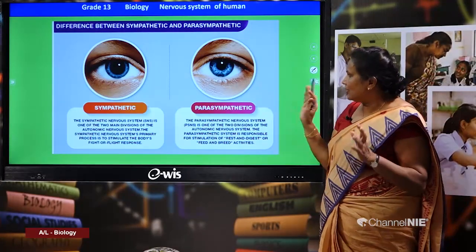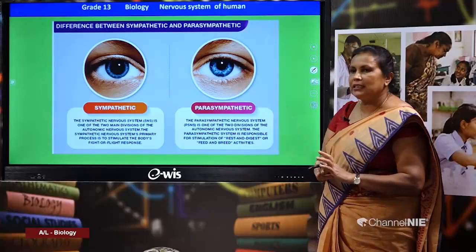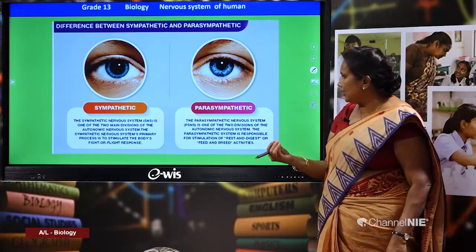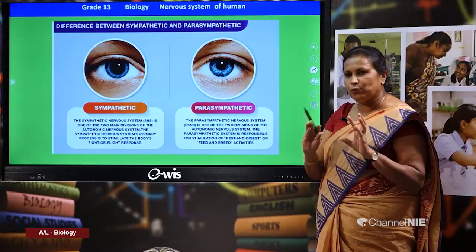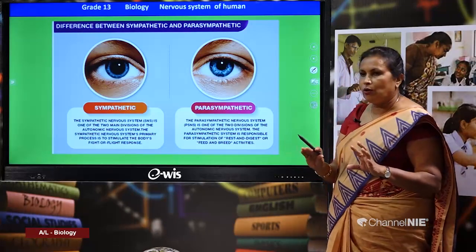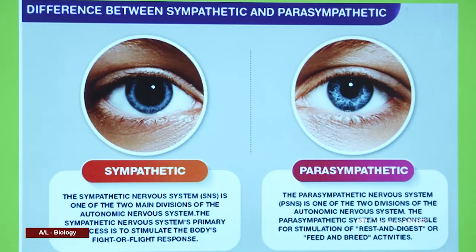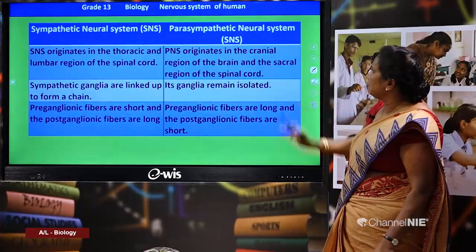Just look at the pupil of these two eyes. In sympathetic the pupil is dilated. In the parasympathetic, the pupil is constricted. Dilation is for accidents, sudden activities or emergencies. So this is one example for sympathetic and parasympathetic.